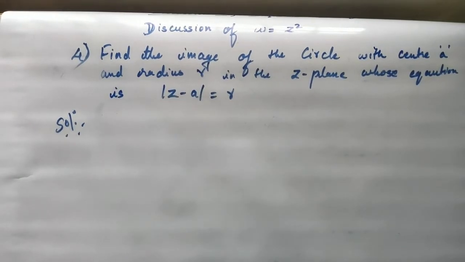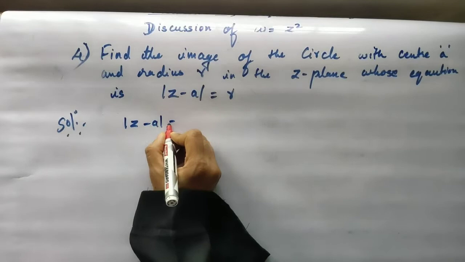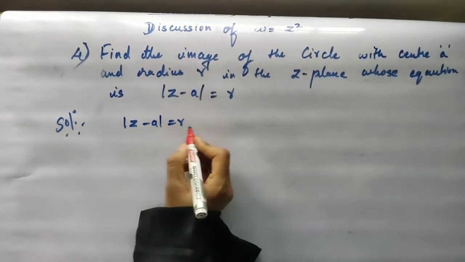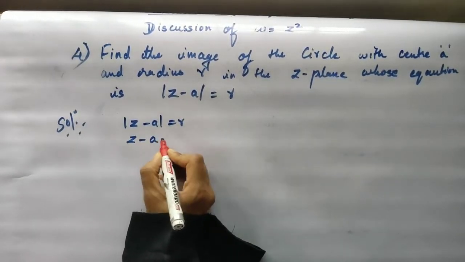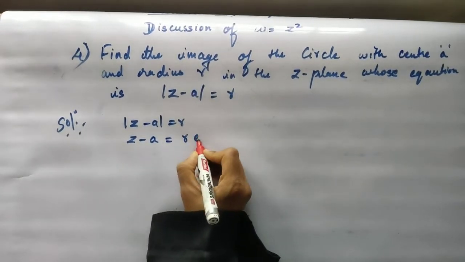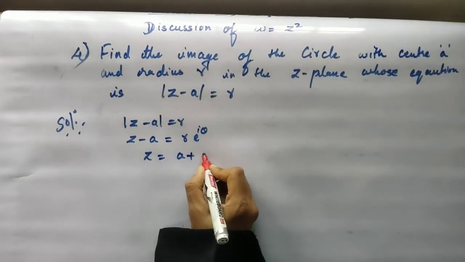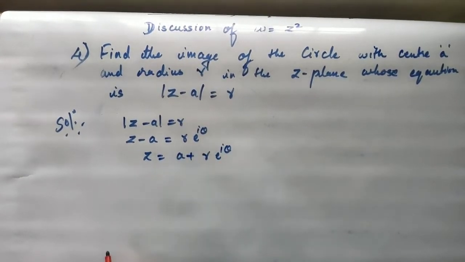So the solution goes as: we are given mod of z minus a = r. How can you write this equation? It can be written as z minus a = r e^(iθ), or z = a + r e^(iθ).